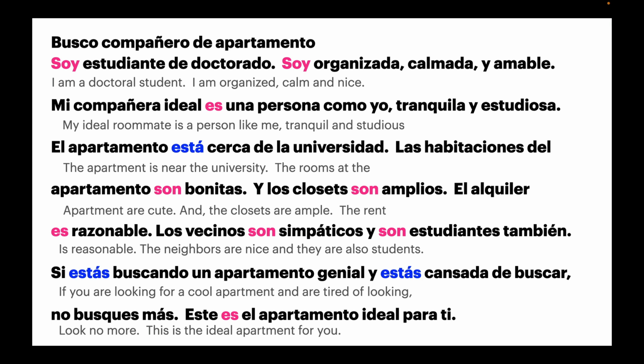Los closets son amplios. Los vecinos son simpáticos y son estudiantes. Este es el apartamento ideal para ti. So as you can see, she's using ser to express a person's identity or traits or a thing's characteristics, like the closets. Los closets son amplios.